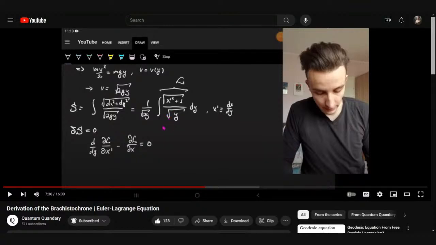So Euler-Lagrange says that this must be true for that path.